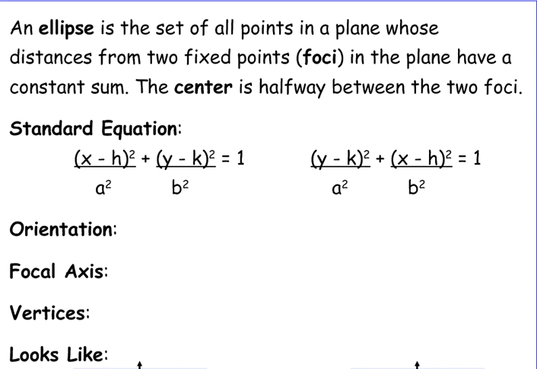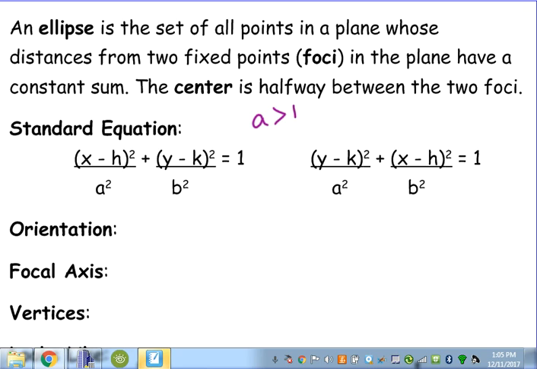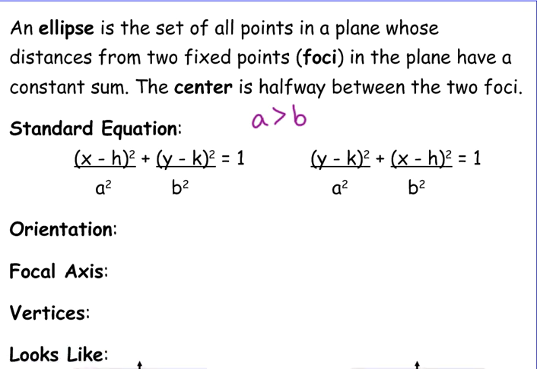Here's the difference: a is always greater than b. So when the x term is over the bigger number, the first one we're looking at, it has a horizontal orientation. That kind of makes sense, x is always horizontal.